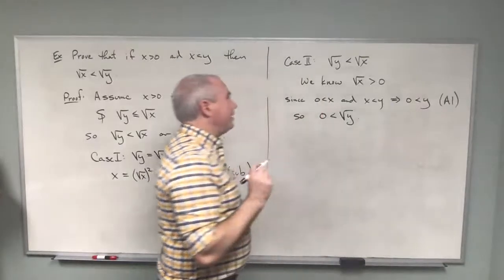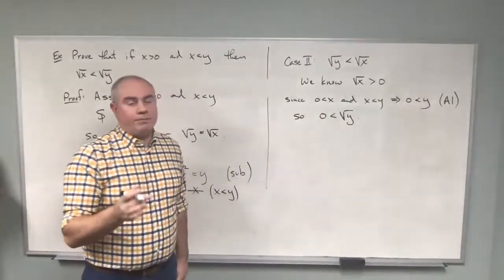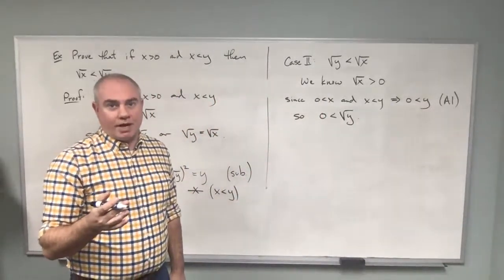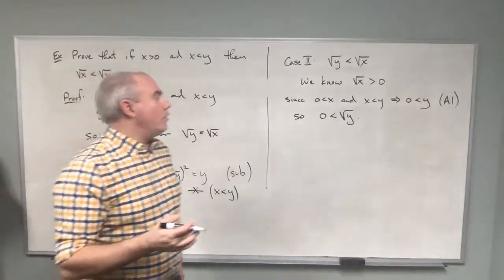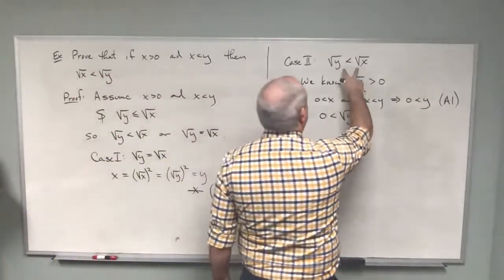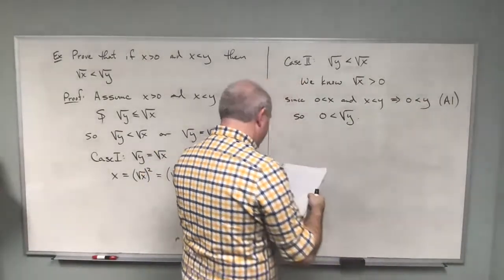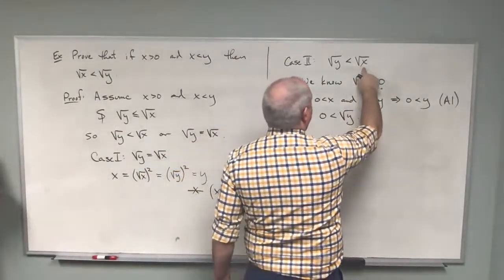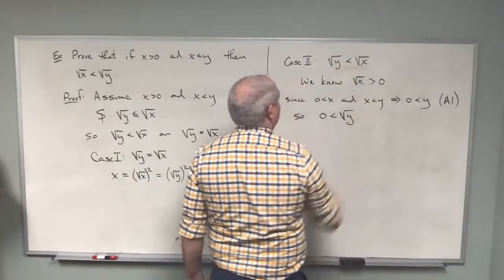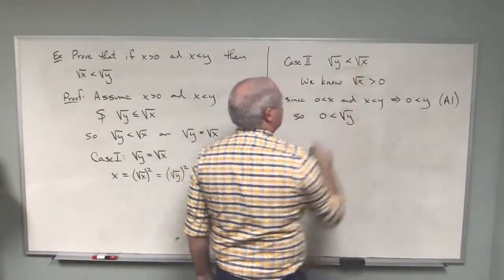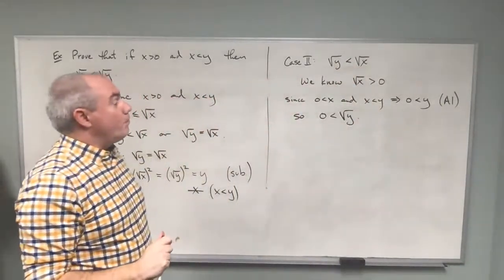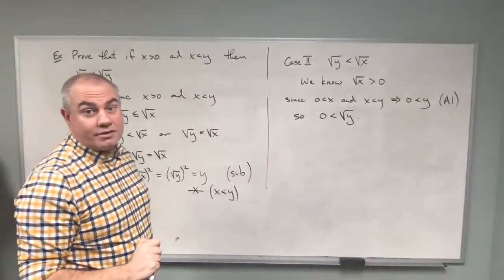So if something is bigger than 0, I can multiply both sides of an inequality by it. Okay, and the inequality that I'd like to multiply it by is that the square root of x is greater than the square root of y. So let's multiply both sides of that by the square root of x.